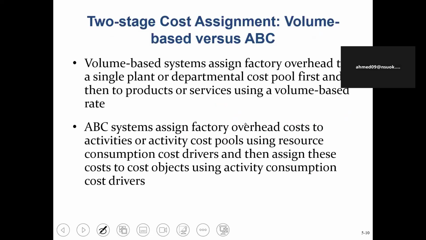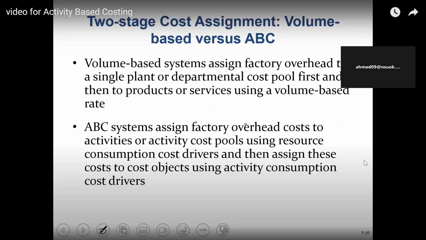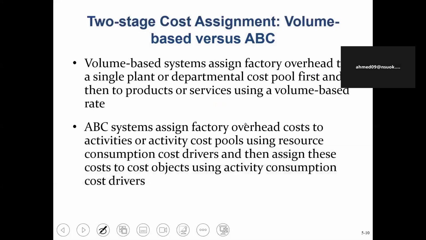When we also compare the cost assignments, when we compare the volume-based or traditional method to the ABC or activity-based method, we have two-stage cost assignments.